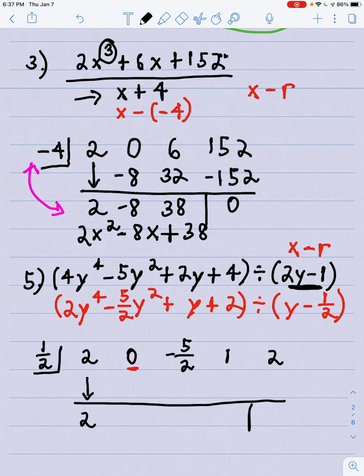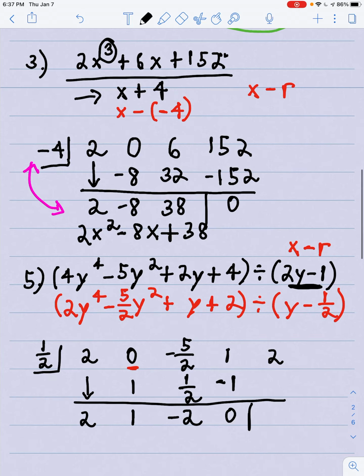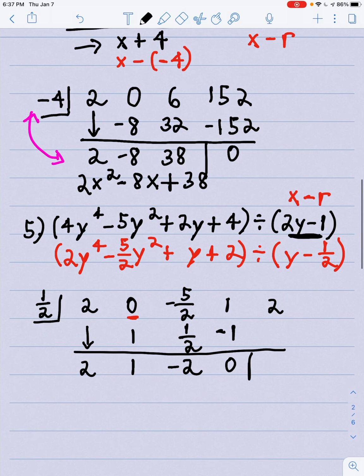So now let's do synthetic division. 1/2 times 2 is 1, and when I add, I get 1. 1/2 times 1 is 1/2. When I add, that's -4 halves, or -2. Half of -2 is -1. When I add, that's 0, and 1/2 times 0 gives me a remainder of 2.